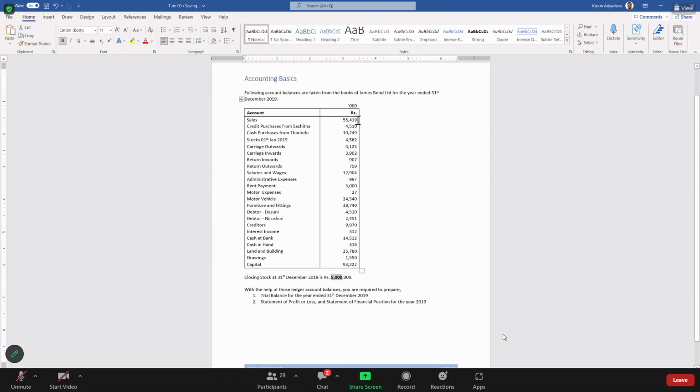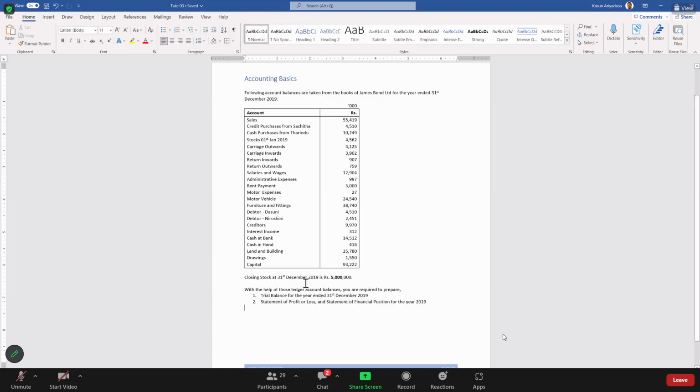Likewise, 55,419,000. Remember that. So what you all need to do is, taking these transactions into account, prepare the trial balance. And then prepare the statement of profit or loss and statement of financial position.